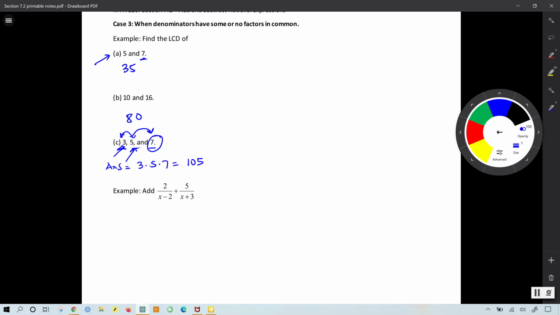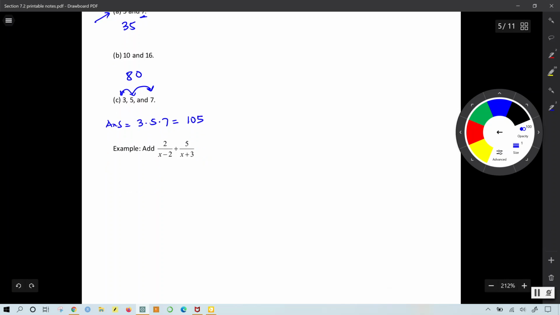This would be the least common denominator that all numbers can divide into. For example, 3 will divide into 105 35 times. 5 will divide into 105 21 times. 7 will divide into 105 15 times.